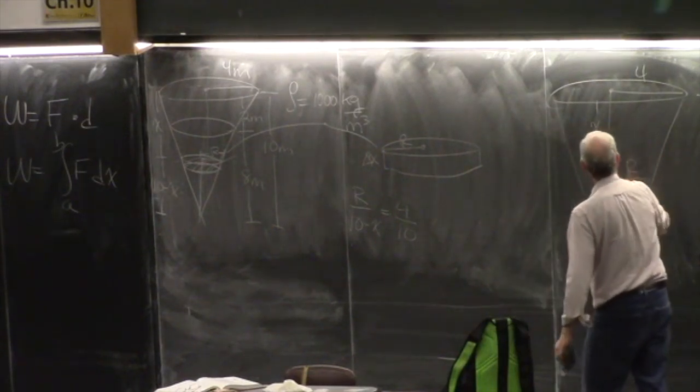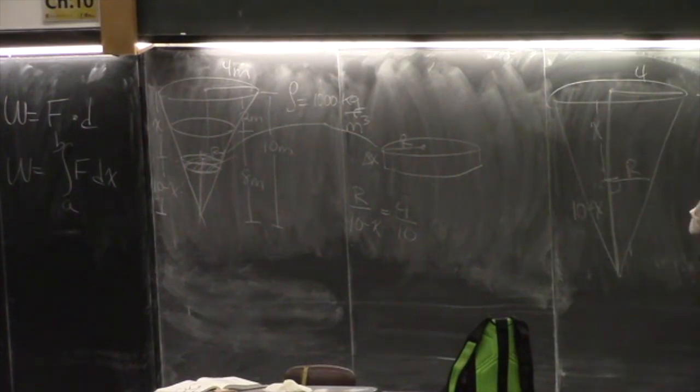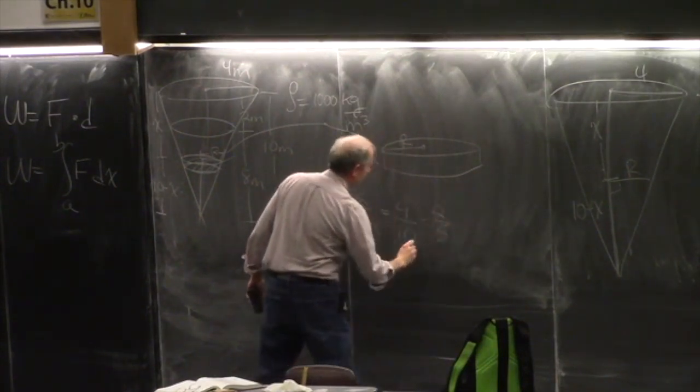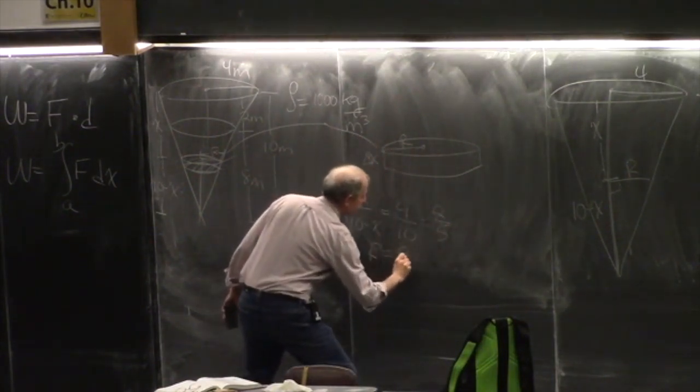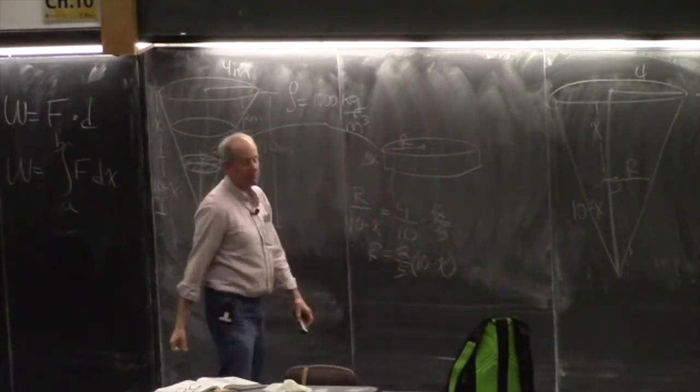So r to 10 minus x is 4 to 10. Did you see the similar triangles? To solve for r, call that 2/5, by the way, and r is 2/5 times 10 minus x.